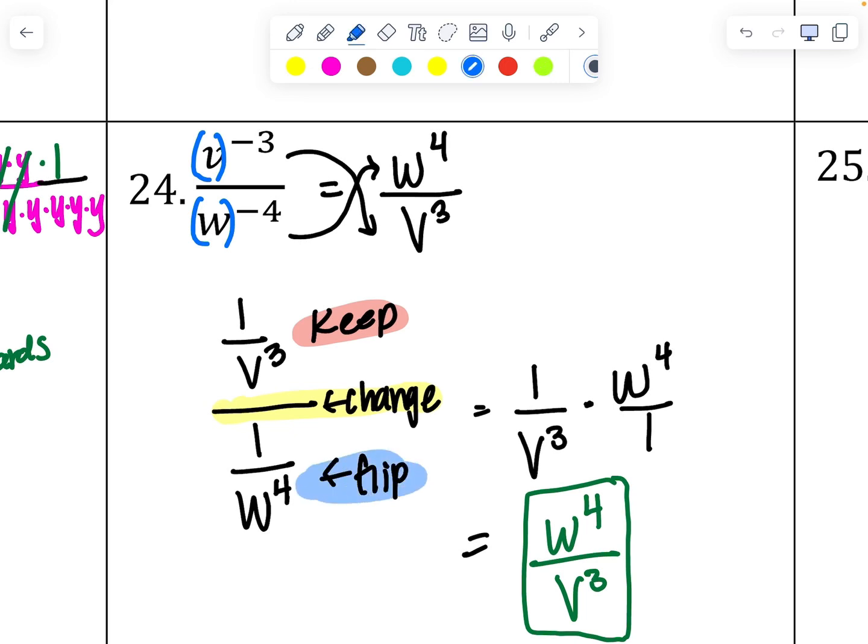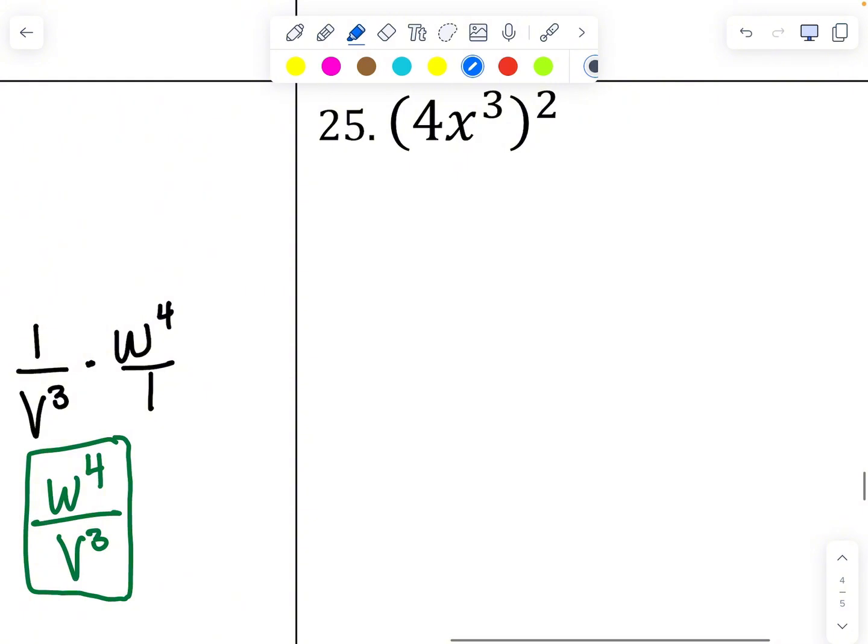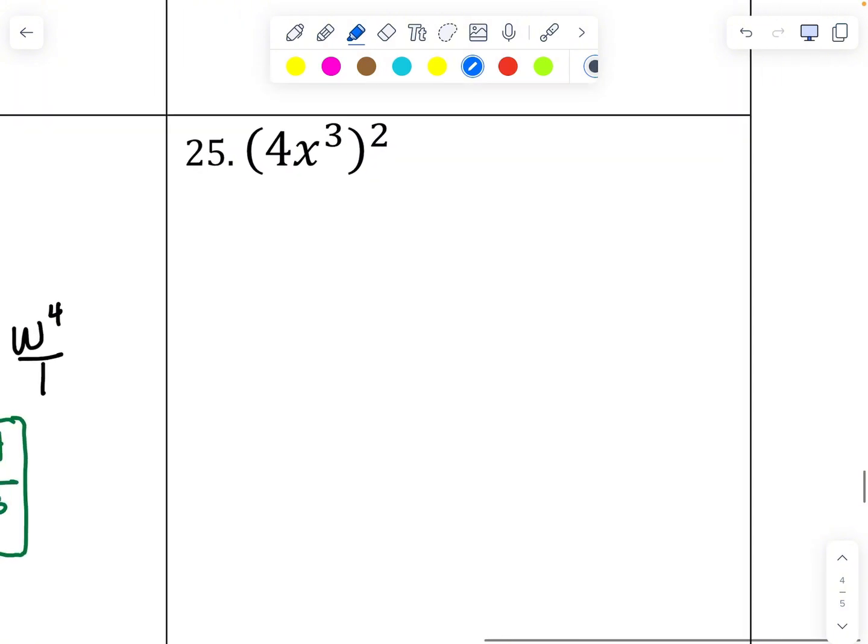Okay. Let's go on to the next one, number 25. We got 4x cubed to the power of 2. Two ways to do it. Just remember, there's a constant multiplier of x and a constant multiplier of 4 to the power of 1. You only see it one time. So let's do it the shortcut way.